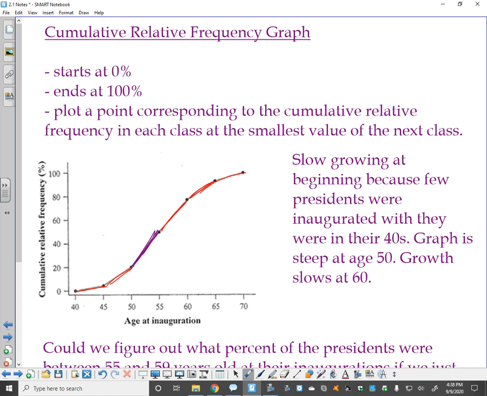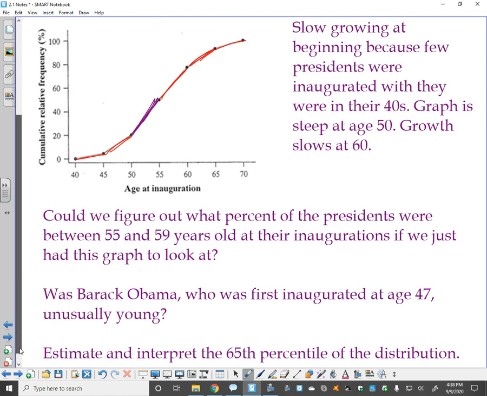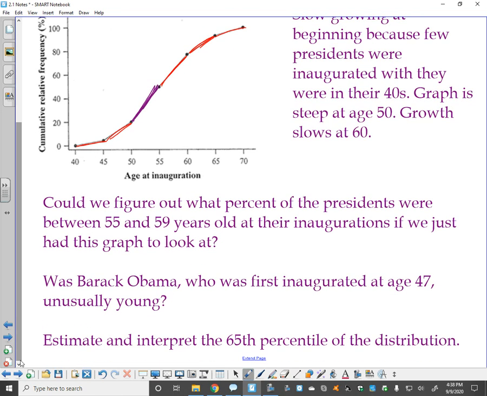Could we figure out what percent of the presidents were between 55 and 59 years old at their inaugurations if we just had this graph to look at?